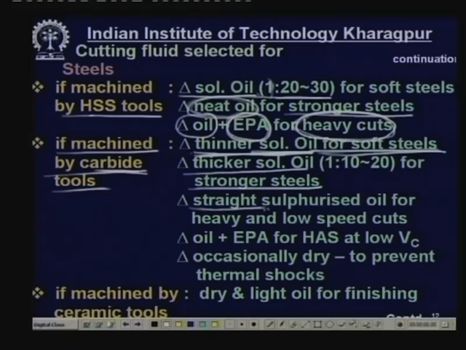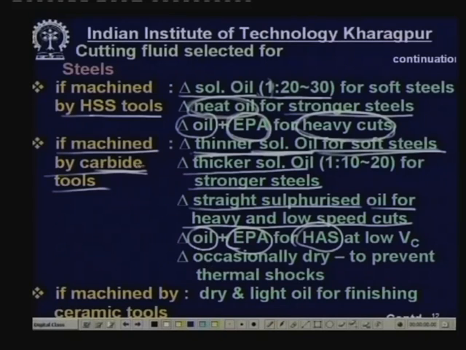Then straight sulfurized oil, no soluble oil, for more lubrication property and heavy and low speed cuts. Then if it is a heavy cut or high alloy steel, then extreme pressure additive has to be used along with the oil to get more lubrication.